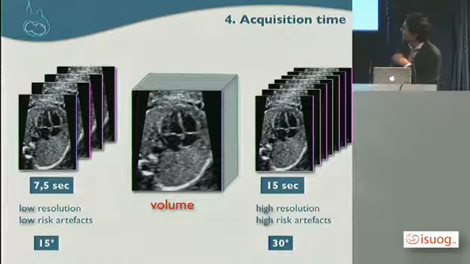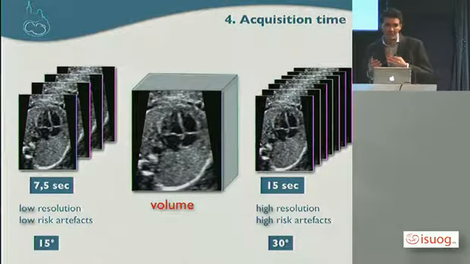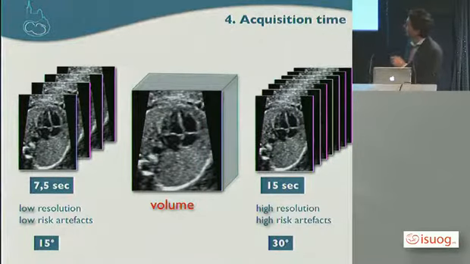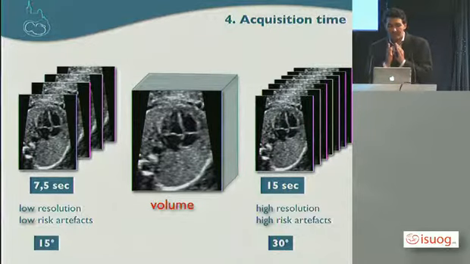Whatever the depth, if you have 4 planes or 15 planes, there is not the same acquisition time, and not the same high resolution quality. If you choose, for example, 15 seconds, you will have a very high definition, very thin slices, but you will be more subject to artifacts.